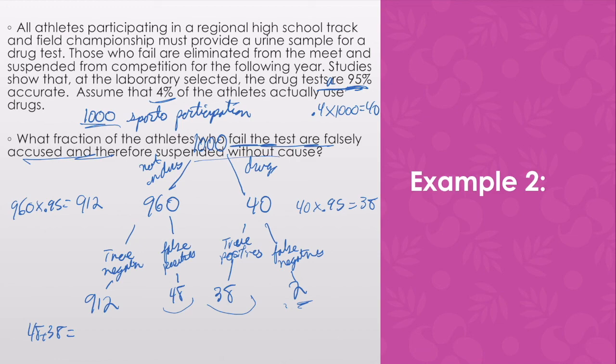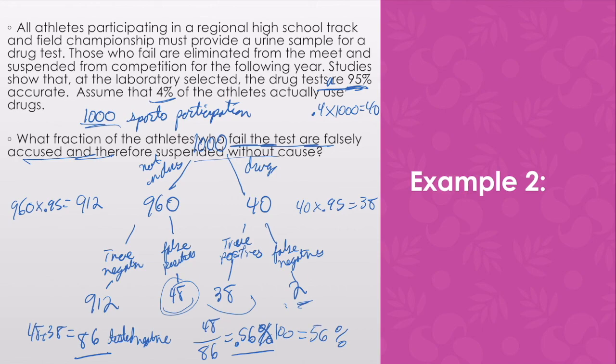So I have 86 people who tested positive, but 48 of those are false positives. So 48 out of the 86 were not actually using drugs. That's 56%. So 56% of participants who tested positive for drugs were actually suspended without cause.